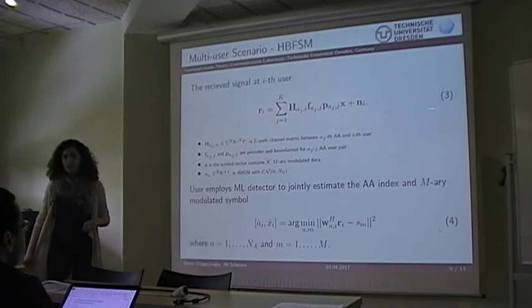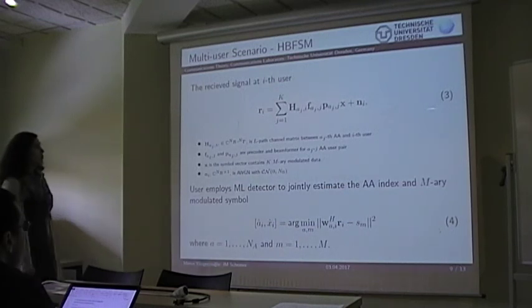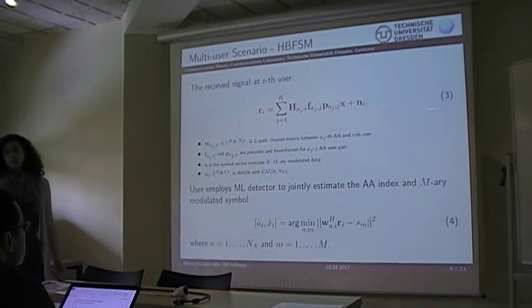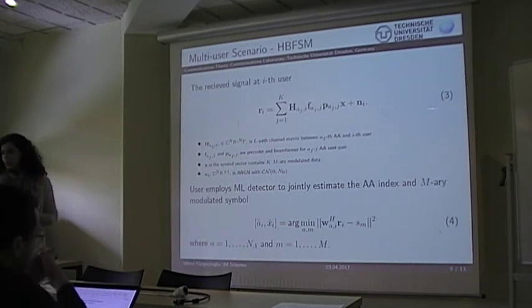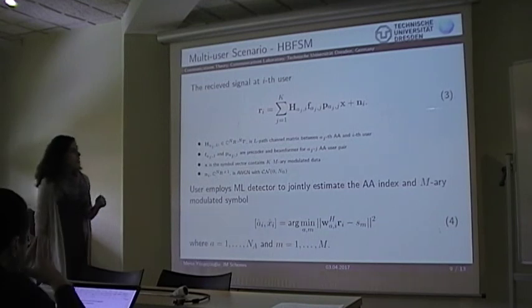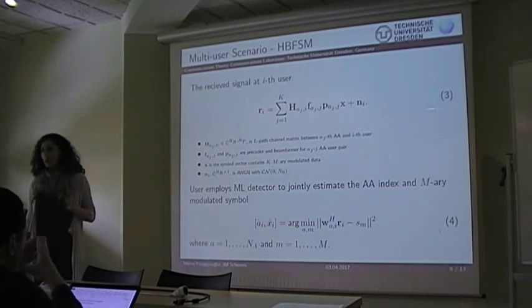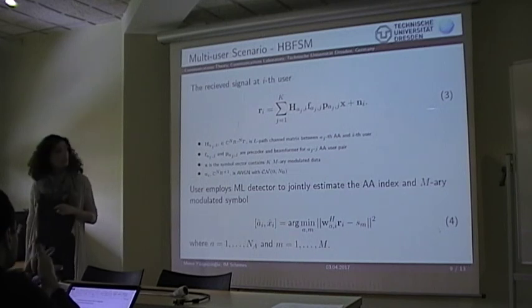Here again, I work on the performance of the system for a multi-user scenario, this time downlink. Here R is the received symbol at one user. H is the channel matrix from the antenna array to that user.